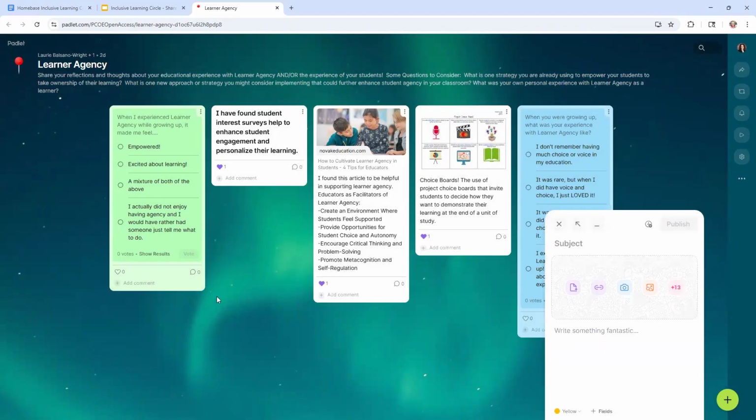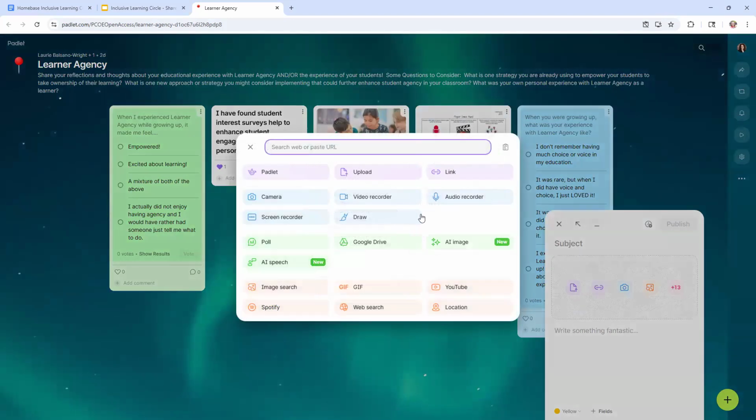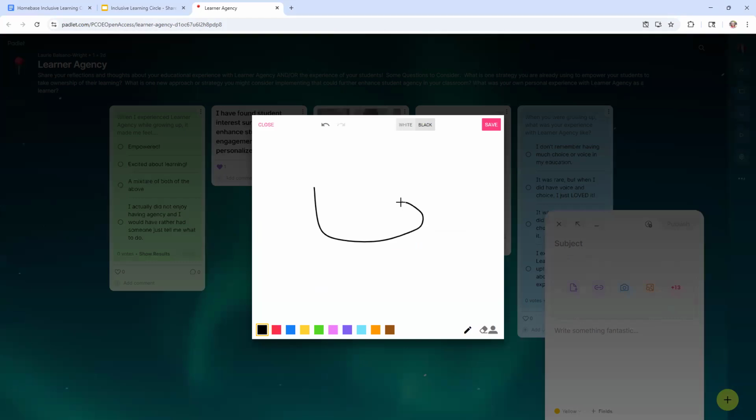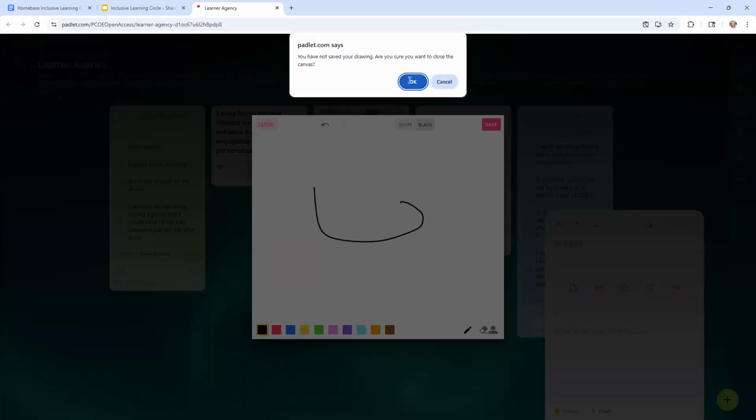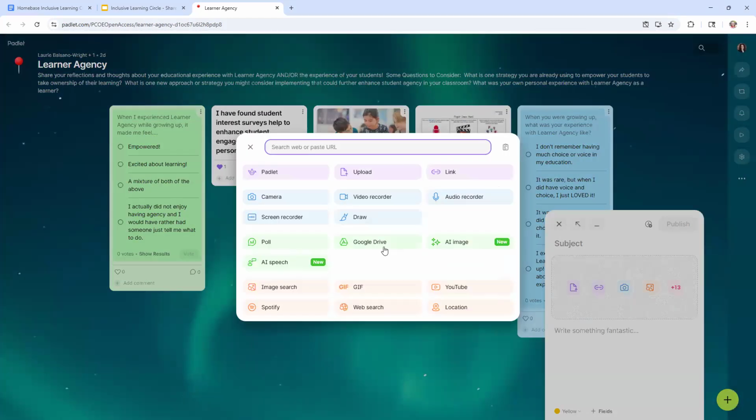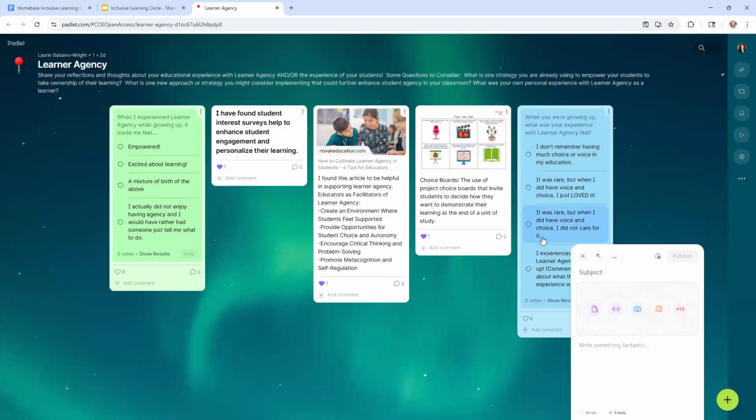You can type something and it will post anything you want, just a note. But if you want to get fancy about it, there's all kinds of things you can do here. You can create a poll, you can draw a picture, and post that. You can search for an image. You can do an audio recorder, a video recorder, so many fun things you can do. So you're welcome to play around with that and post.